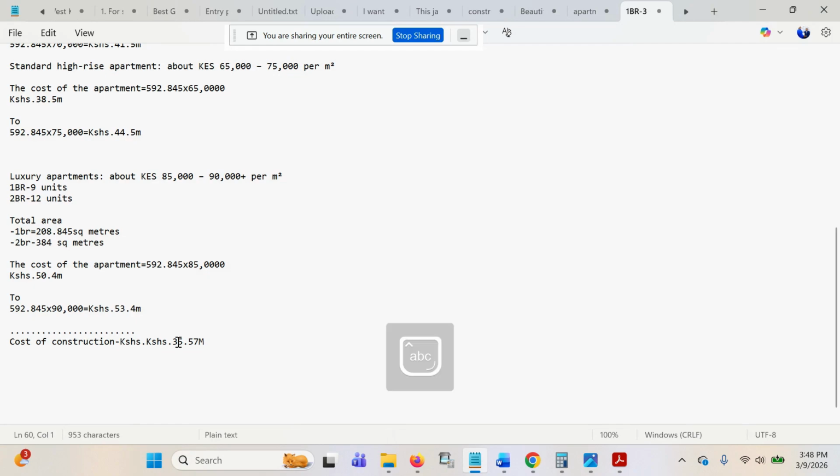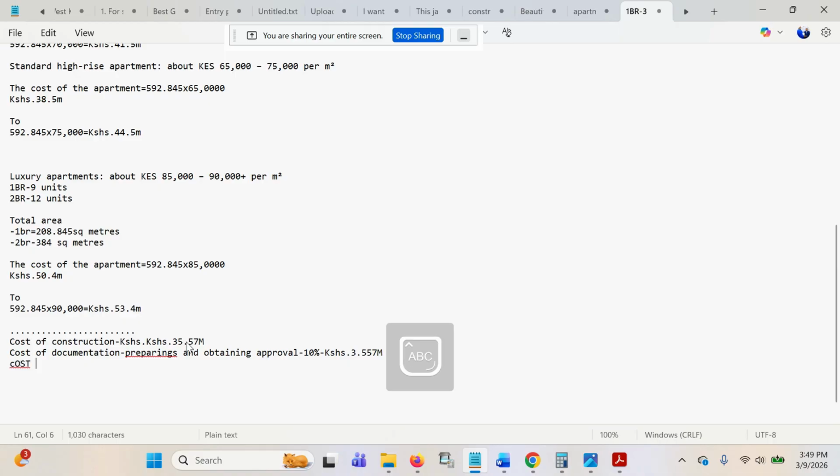Then there are the costs that you'll incur, like the cost of documentation. This involves drawing, preparing the documents, the plans, and obtaining approvals. You can give this one 10%, which means this would come to roughly 3.557 million.